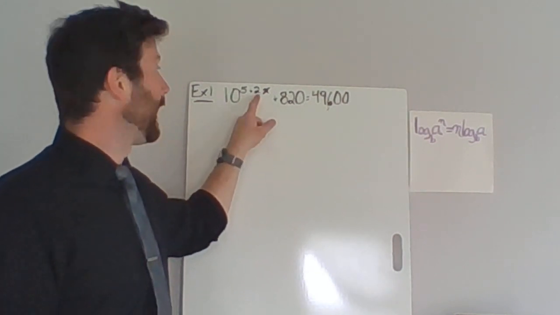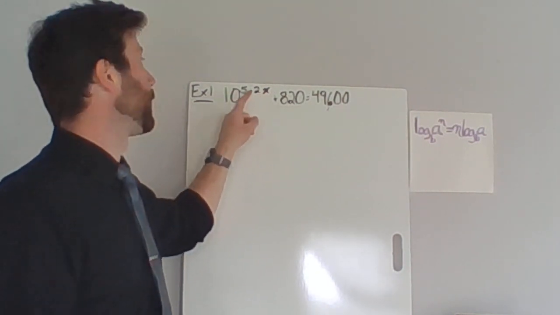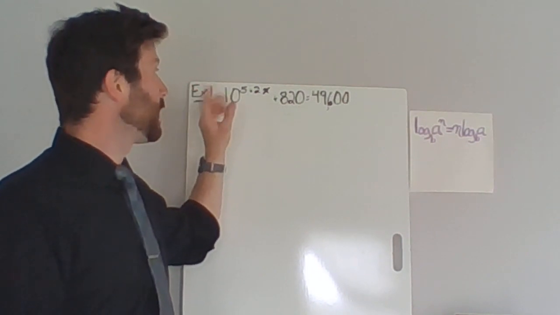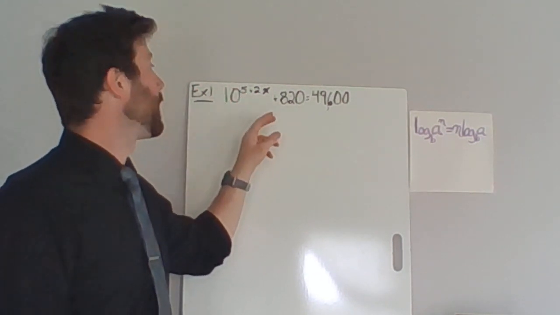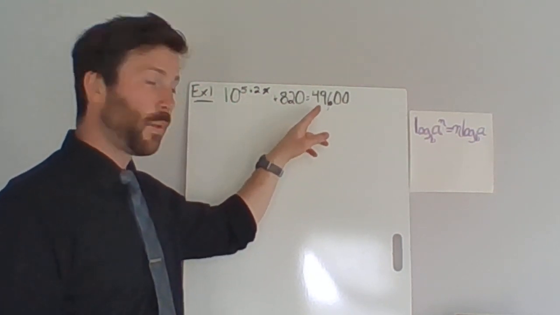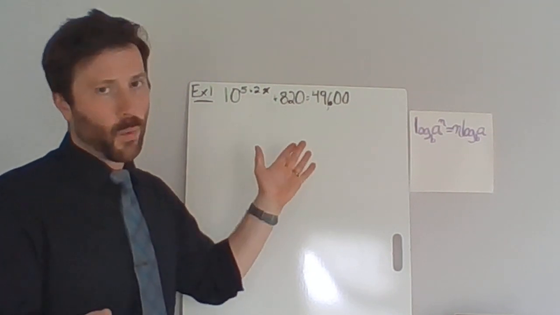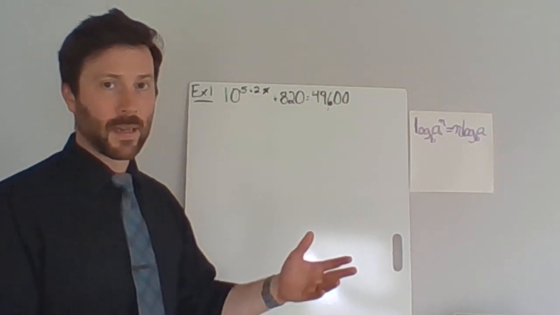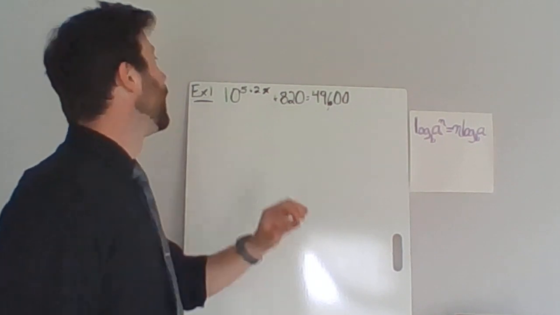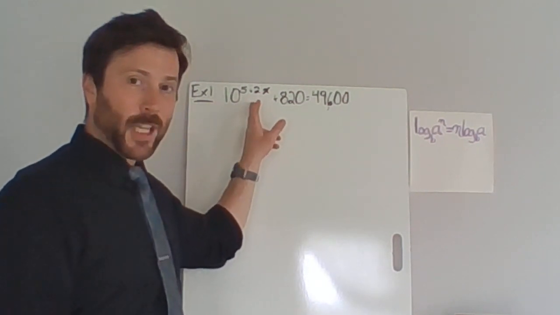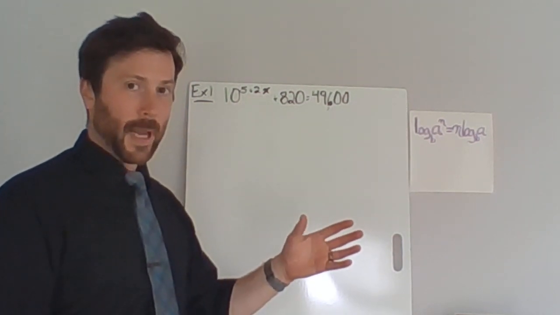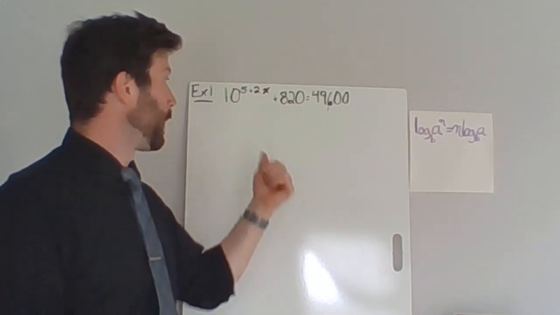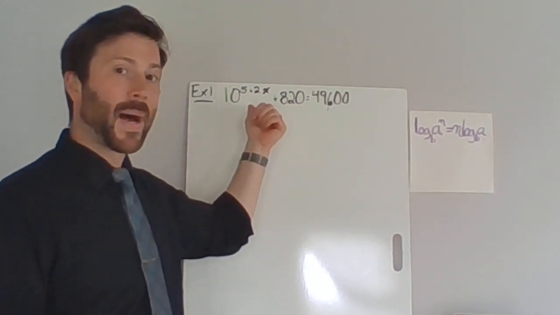So first off, if your variable's in the exponent, like right here, 10 to the 5 plus 2x plus 820 equals 49,600. We're working with exponents. We're going to have some big numbers sometimes. It's okay. If your variable is in the exponent, logarithms are going to come into play. But before we can use logarithms, we need to get this exponential term by itself.